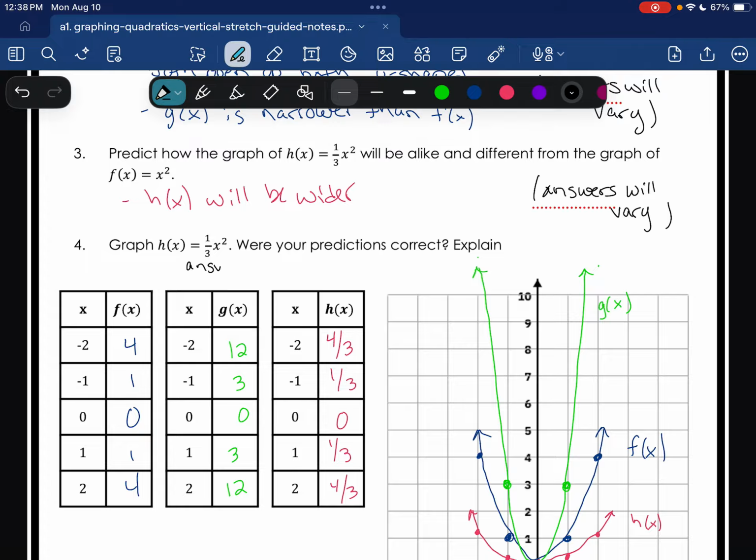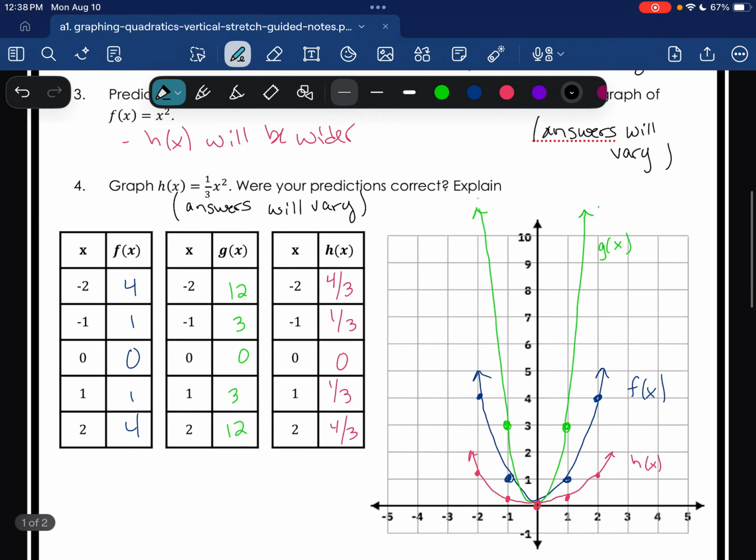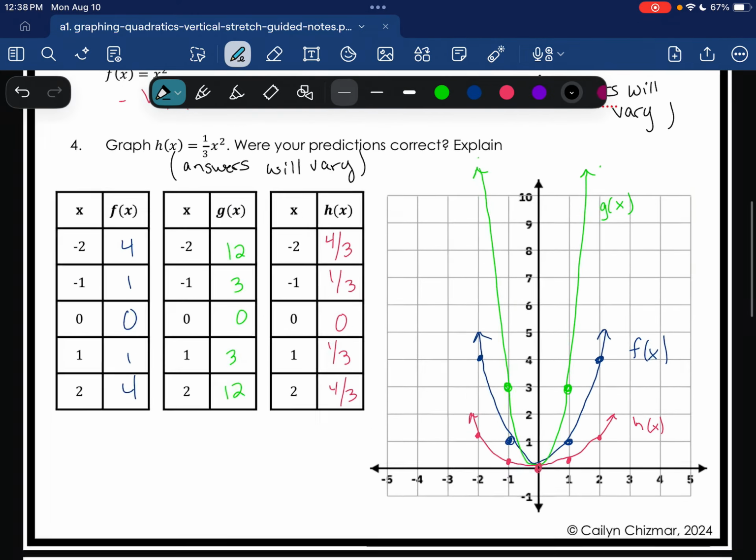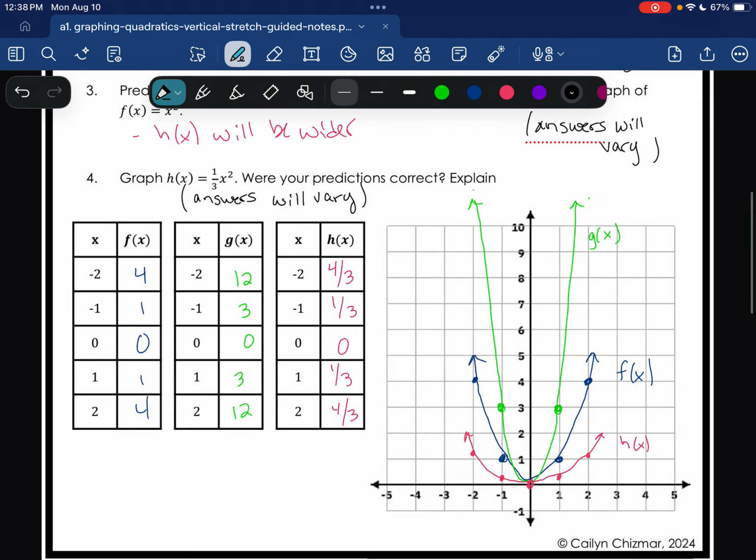All right, so what do we notice going on here? Well, if I thought of 12 as 4 times 3, or I thought of 1 as 1 times 3, do you see how a pattern is forming in these tables here? Well, whatever happens with our A, let's draw ourselves a little box here.